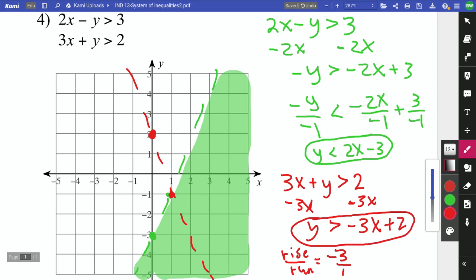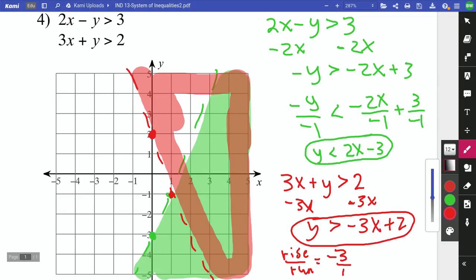Don't want it too dark, and we shade above that line. And so we see it comes out. The overlap is the darker area, which is the solution of this system of inequalities.